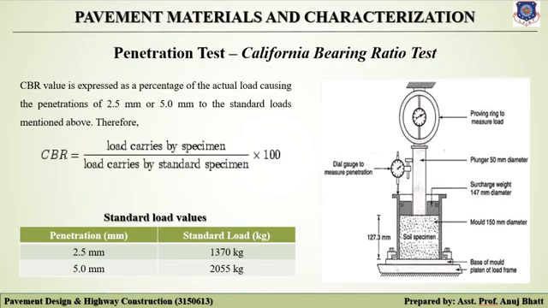Previously we have seen that to obtain the CBR value we have to apply a formula: load carried by specimen divided by load carried by the standard specimen, into 100, which will give a value in percentage, and that value is known as the CBR value for that particular subgrade soil.